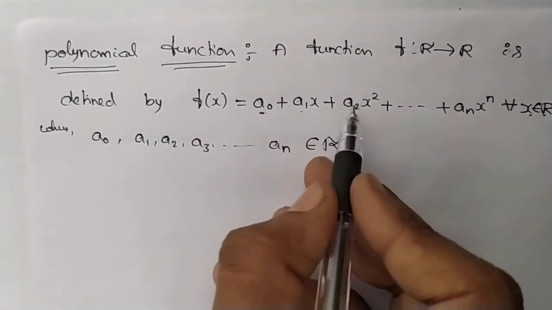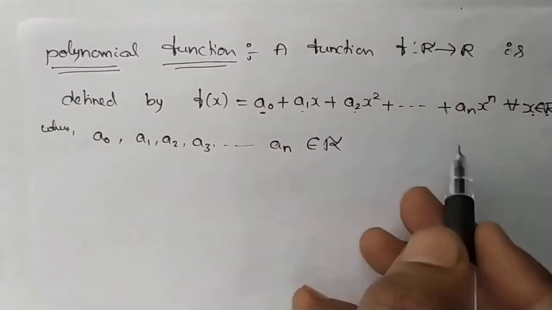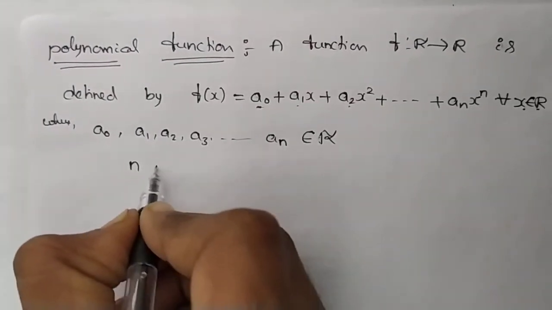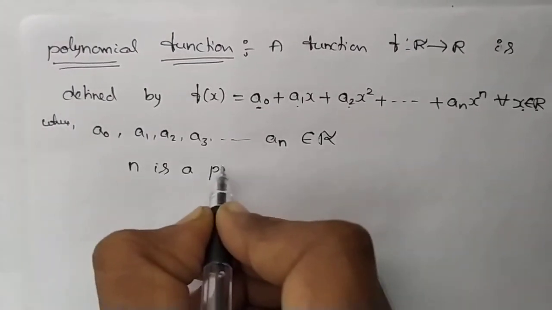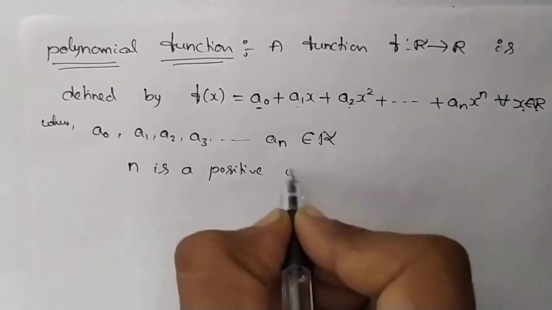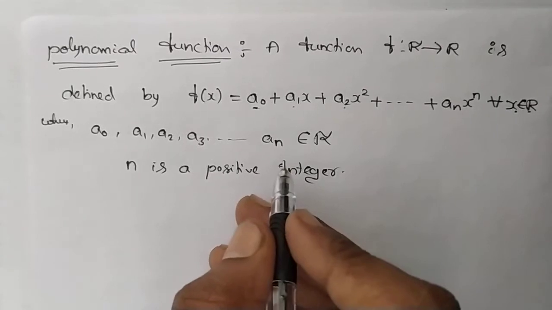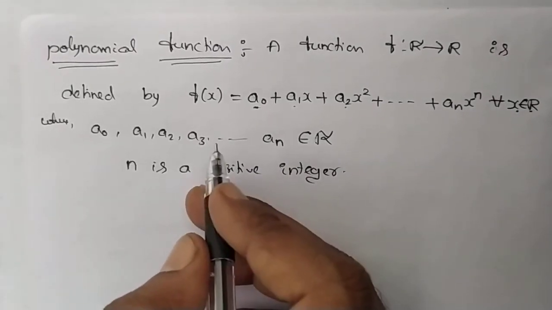And n is a positive integer. Hence it is the definition for the polynomial function.